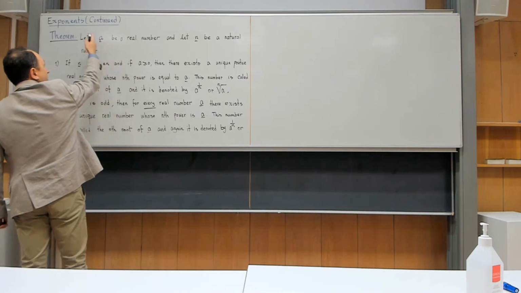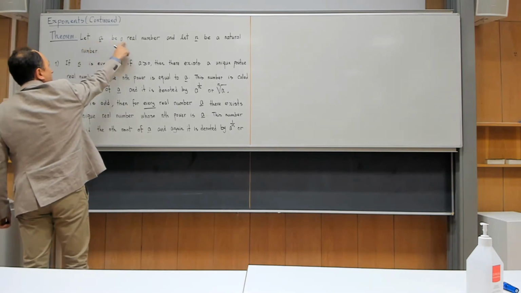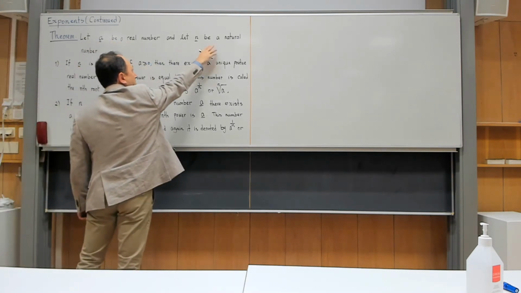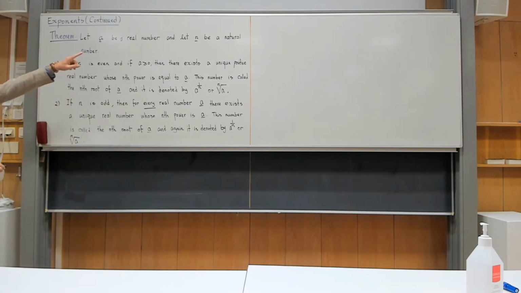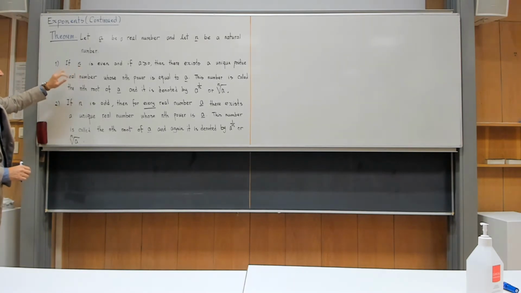This A is a number, so let A be a real number and let n be a natural number. We have two different cases. The natural number can be an odd number or can be an even number. Depending on whether n is even or odd, we have two different scenarios.